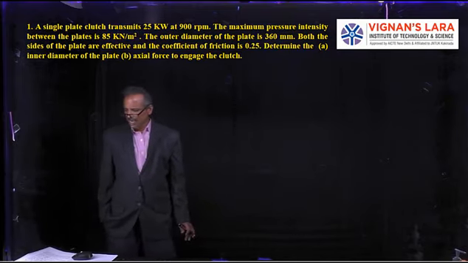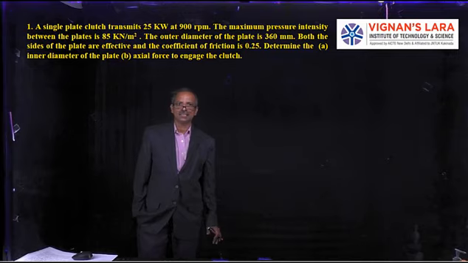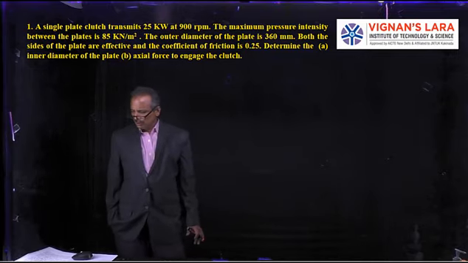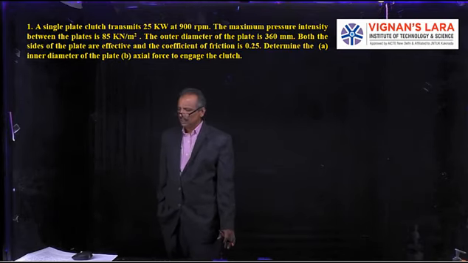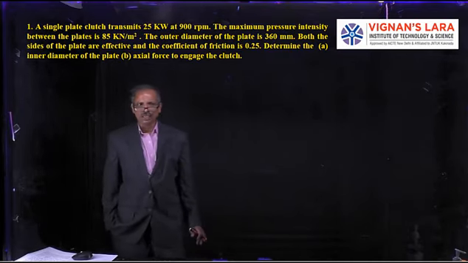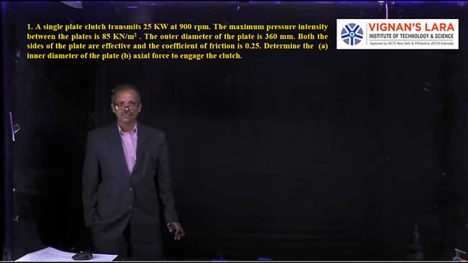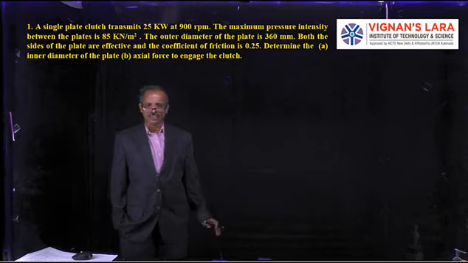The outer diameter of the plate is 360 mm. Both sides of the plate are effective and the coefficient of friction is 0.25. Determine the inner diameter of the plate and find the axial force to engage the clutch.